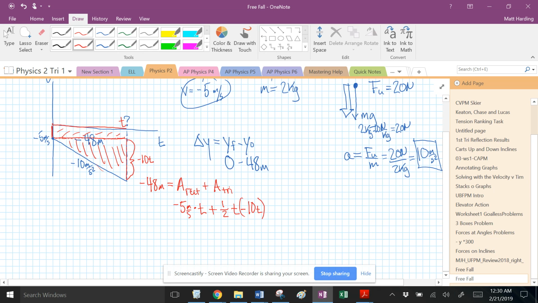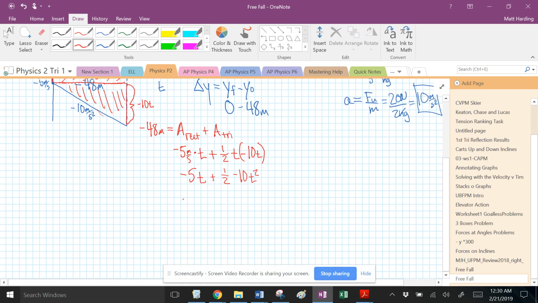Okay, so I'm multiplying those together, base times height. So negative 5t plus 1/2 of negative 10t squared. And so I've got negative 5t minus 5t squared equals negative 48 over here.